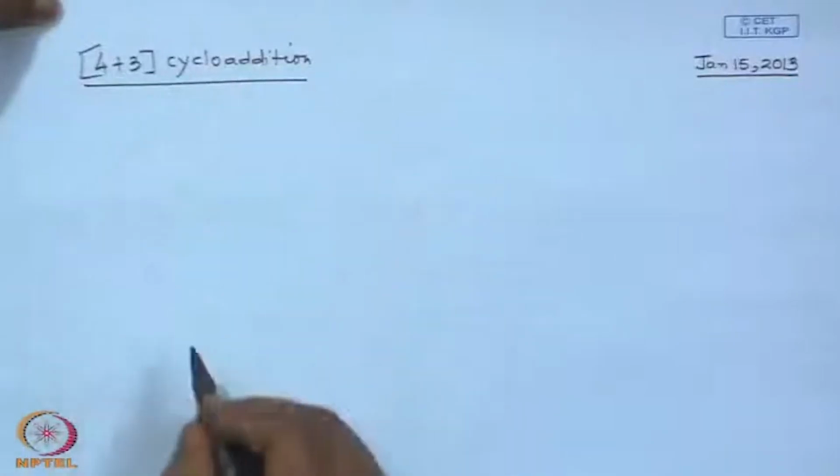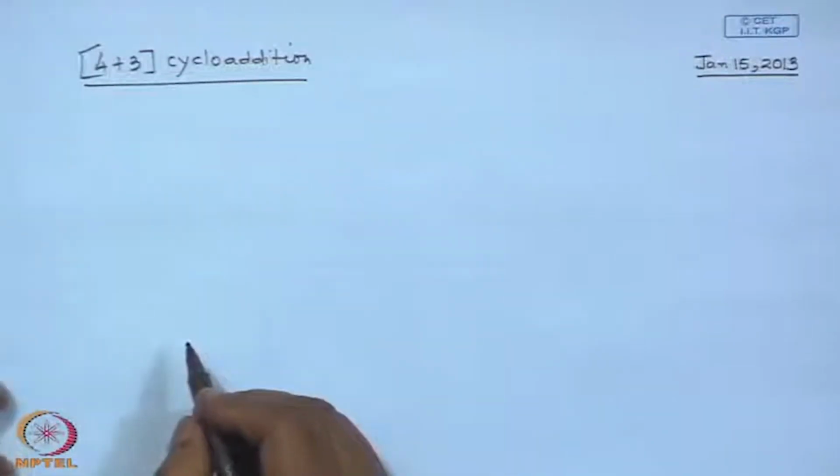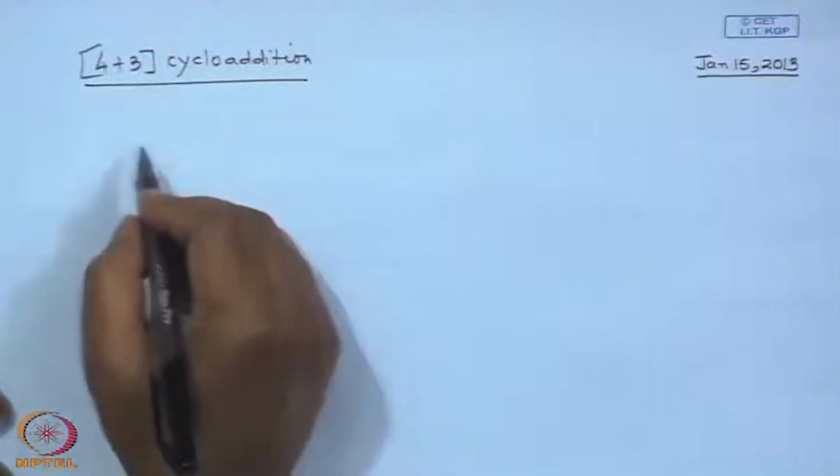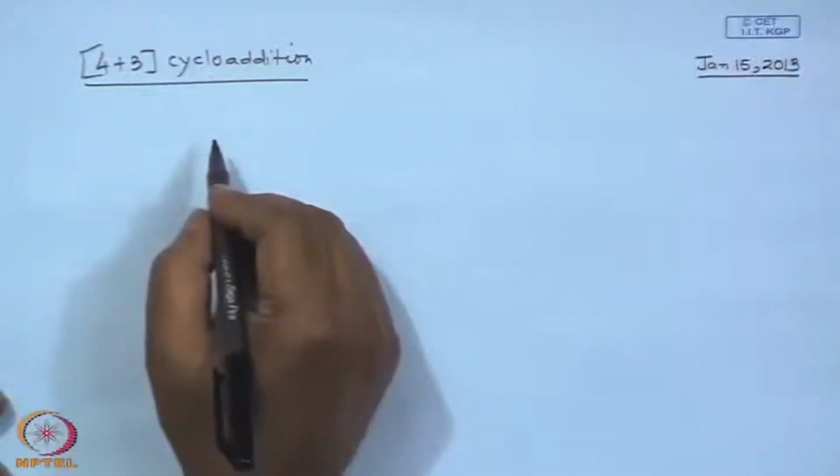If you recall, in the last class we talked about 4 plus 2 cycloaddition reactions, and we gave examples where furan and other molecules undergo 4 plus 2 cycloaddition. In addition, we have seen some of the Bogar kind of chemistry where dienes and trienes also participate as diene components.